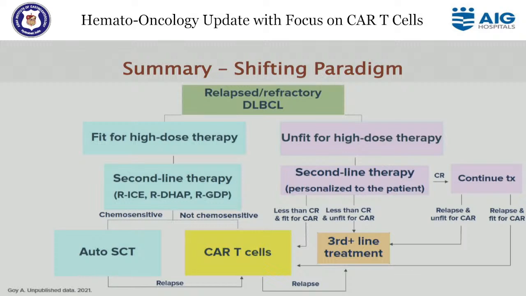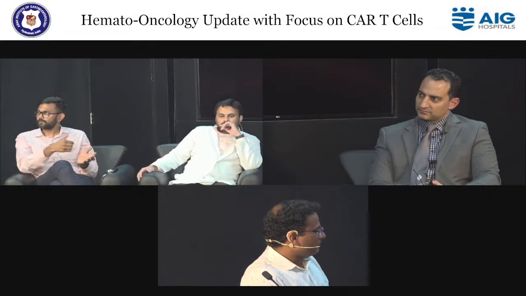So as a second line, probably the early relapse patients or high risk, so-called high risk IPI or the double hits, triple hits. I think those are the patients who should go ahead with a CAR T therapy as second line upfront. Probably young patients, probably an early relapse will go into early second line CAR T. Other patients probably will push it to the third line.